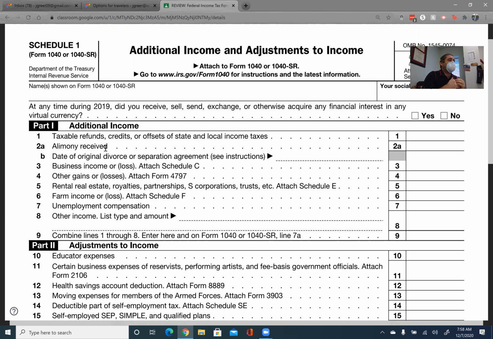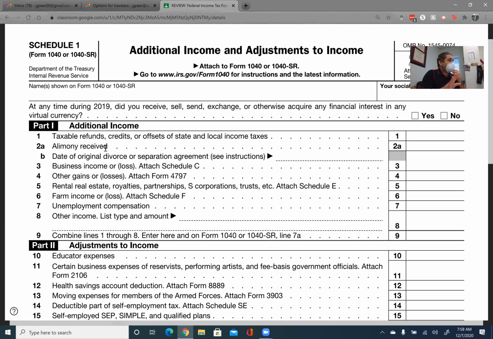Okay. And so if they are successful in that argument, the ex-spouse that makes more money needs to pay the former spouse. Okay, and that would be the alimony part.